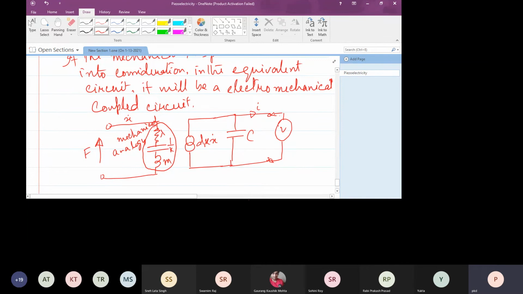So the electromechanical connection is often represented by an ideal transformer. Now for an ideal transformer, of course, DC part can be transported because an ideal transformer does not take any current from the source.